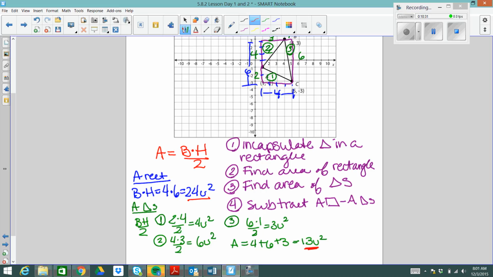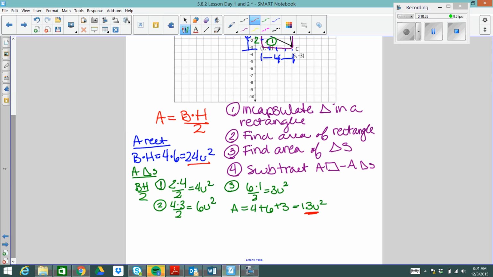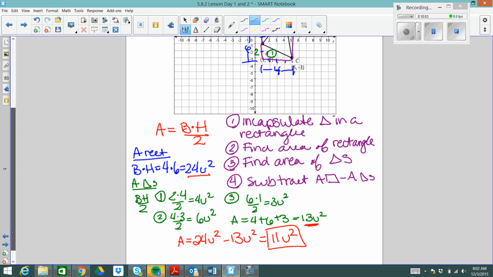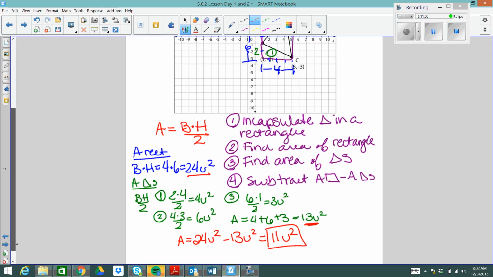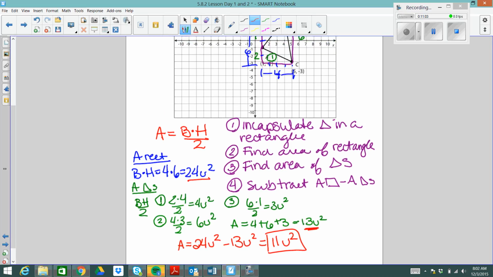So the area of that original triangle is 24 square units minus 13 square units, which gives us 11 square units. All right, so that's how we find the area of a triangle.